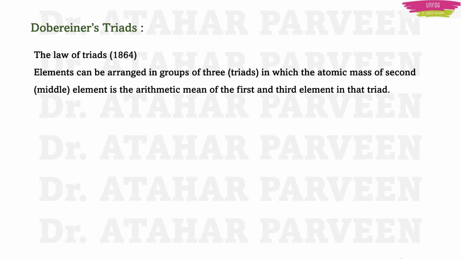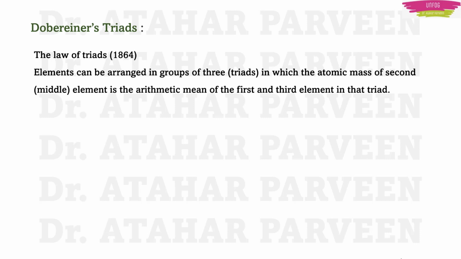He told that elements can be arranged in groups of triads in which atomic mass of second element or middle element will be the arithmetic mean of the first and third element in that group of triad. Okay, I hope you are understanding. What he actually told was, there is a group of three elements.